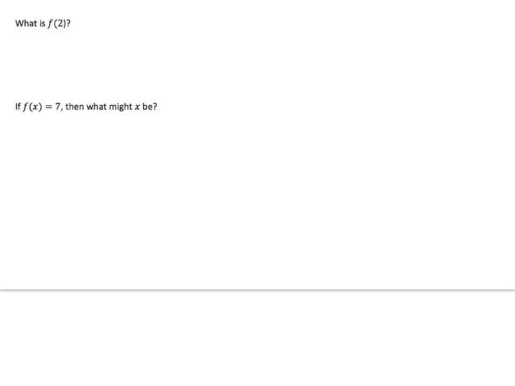What is the function f evaluated at 2? If you look up, 2 matches with 5. So f evaluated at 2 equals 5. If f of x equals 7, what might x be? We're going to look at the diagram, and it looks like x could be either 1 or 4.